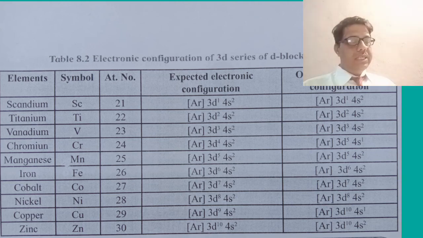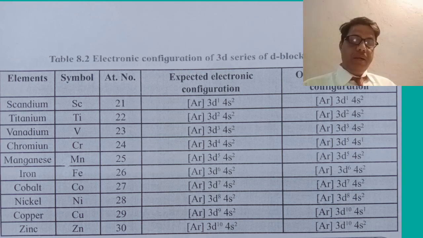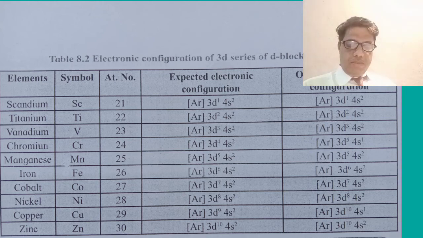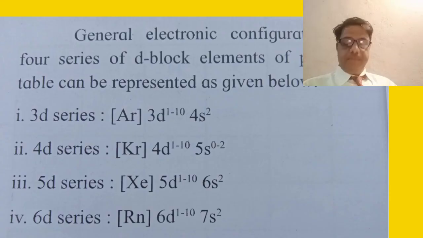That is, first 3D series, from scandium to zinc, 4D series yttrium to cadmium, 5D series lanthanum to mercury, and last 6D series comprises actinium to curium. So first for 3D series, as seen on your screen, 3D series has Ar 3D 1 to 10 4s2.